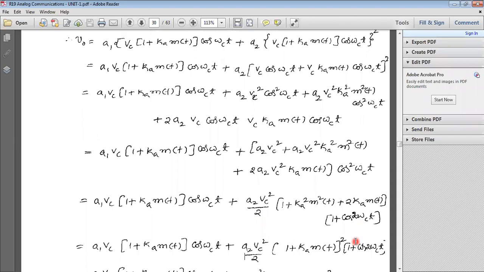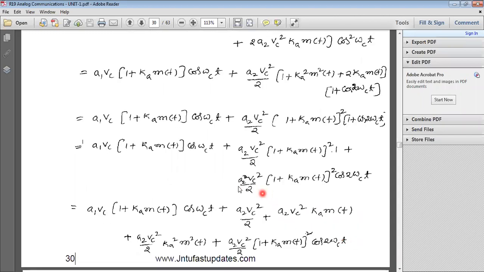Now coming to the next step, take the first term as it is. Now observe these three terms: 1 plus Ka square m square t plus 2 Ka m of t. We can write them in the form of 1 plus Ka m of t whole square, that is a plus b whole square.